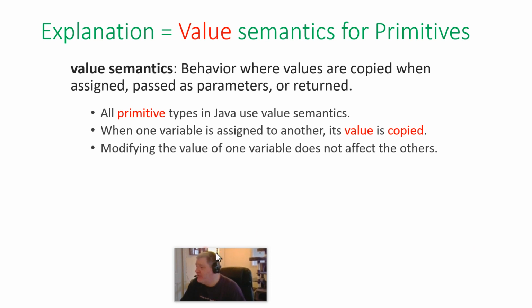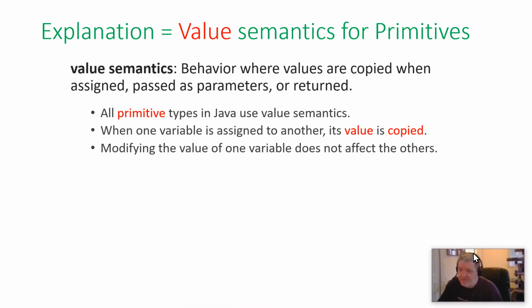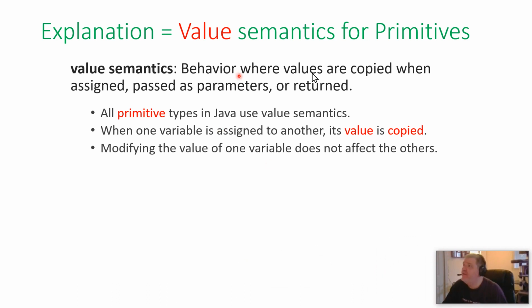What I want to bring with this is the concept of the value semantic for primitive data types. So semantic is a word that just means pretty much meaning, okay? The meaning of a statement in a programming language. We refer to that as the semantic of the statement in a programming language, what it actually does, what it means. So what do we call a value semantic?